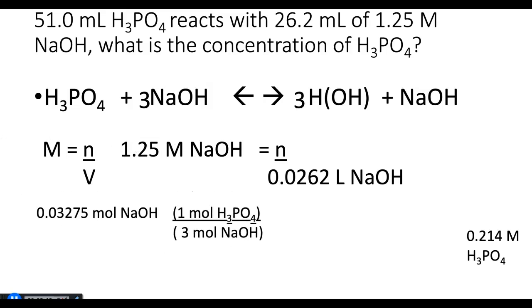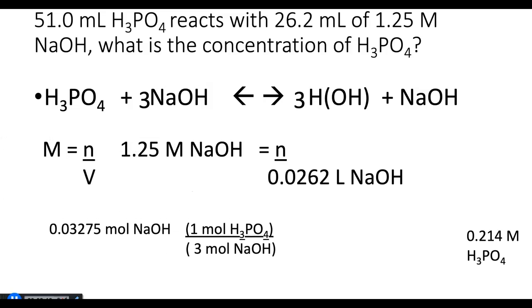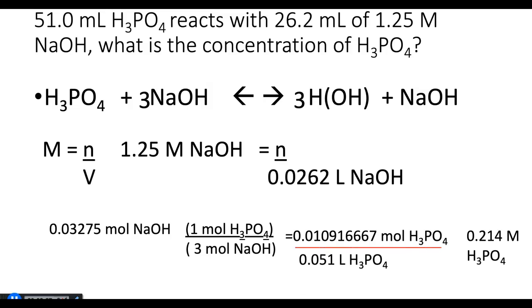Once I figure out my number of moles of NaOH, I can look at my mole ratio from my balanced equation, 1 to 3, and figure out my number of moles of phosphoric acid. My moles of phosphoric acid divided by my volume of phosphoric acid in liters is going to give me my concentration of H3PO4. You can see that there, rounded to 3 significant figures.